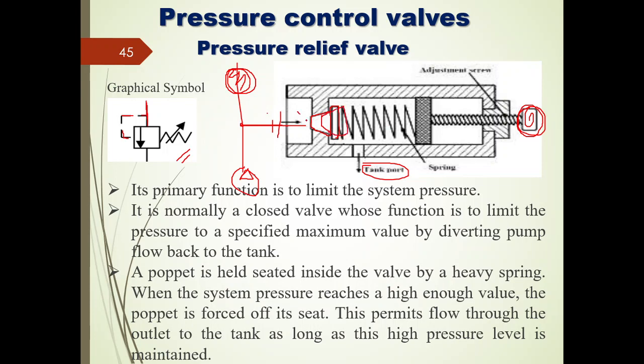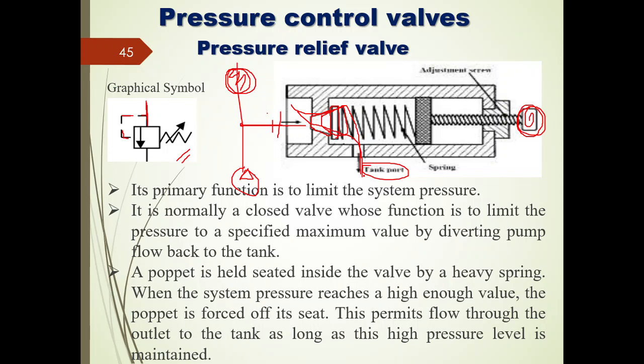Then obviously I will have the space to move the hydraulic fluid from the inlet to the tank port again. Even though there will not be any work done with the help of pressurized fluid, I can safeguard our hydraulic system with the help of this pressure relief valve.